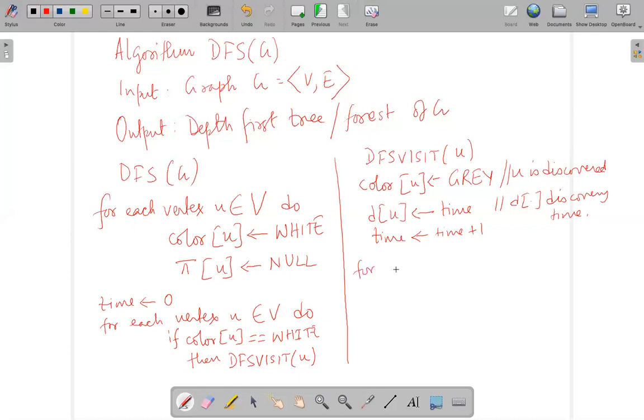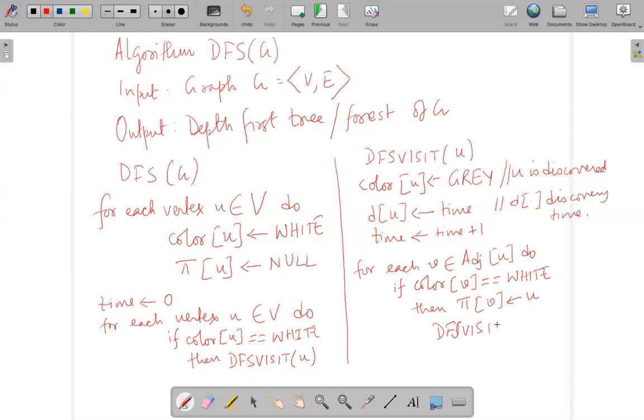Now, for each V, which is a neighbor of U, represented by ADJ U, do if color of V is white, then make U the ancestor of V and call DFS visit V recursively.